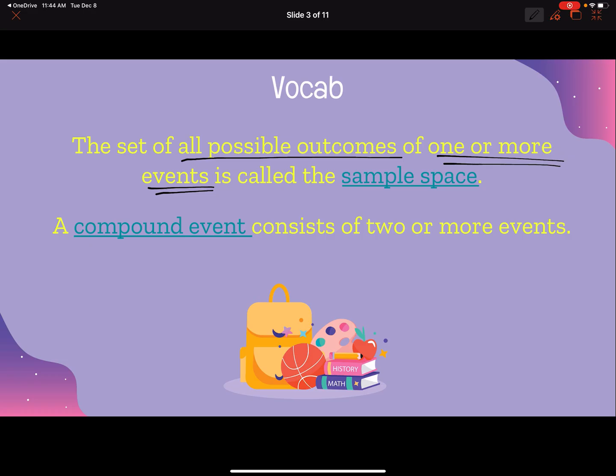So every possibility. The second vocab says a compound event consists of 2 or more events, which is the meaning behind compound. You can pause the video if you need more time to complete those definitions.